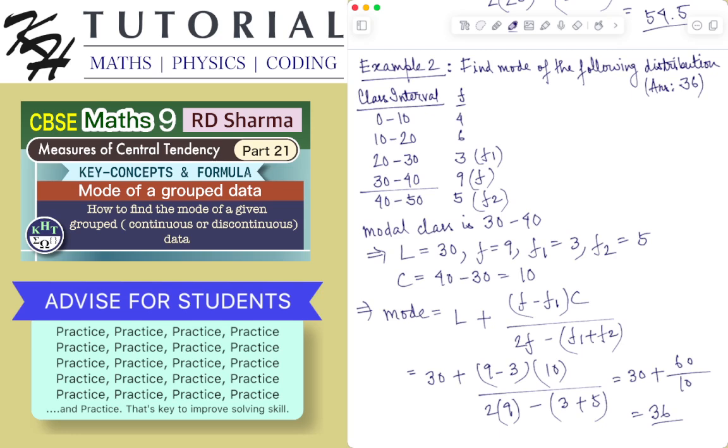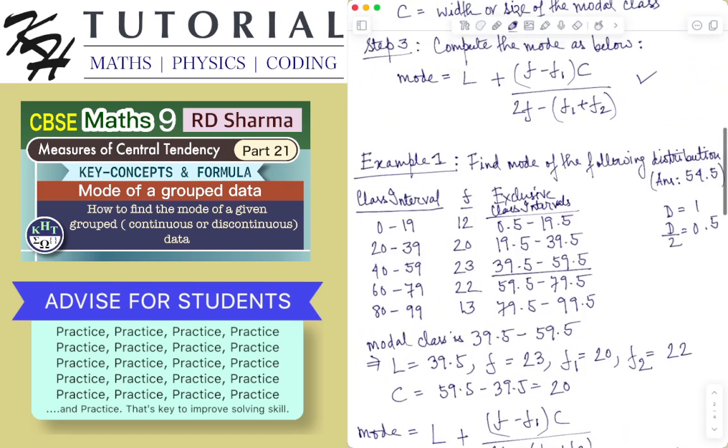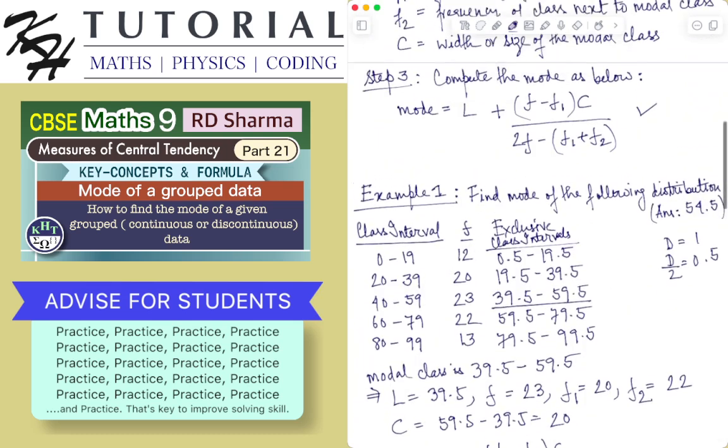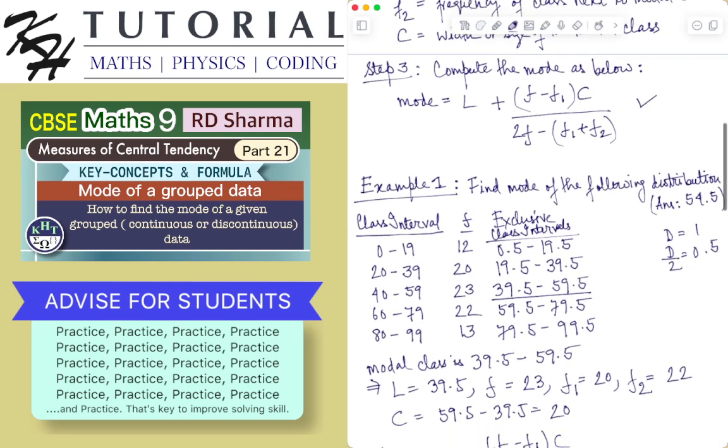So that is all regarding how we find the mode of grouped data. The only thing is that if the class intervals of the given grouped data are not continuous, then you have to first convert them to the continuous or exclusive form by calculating the difference between the upper limit of any class and the lower limit of the next class.